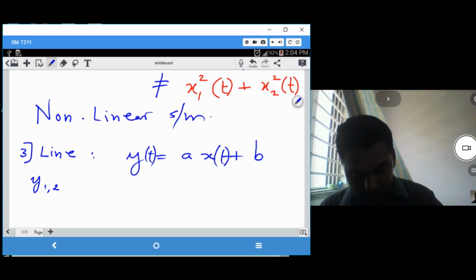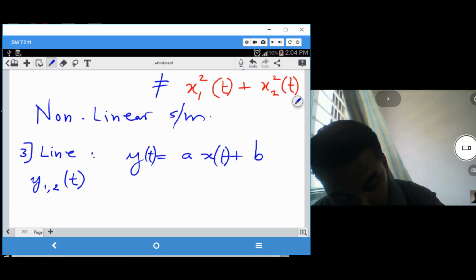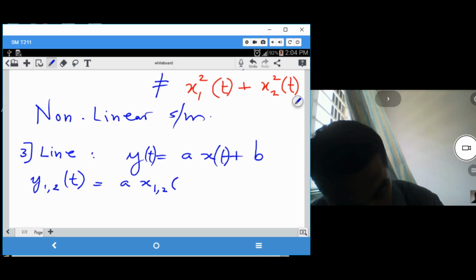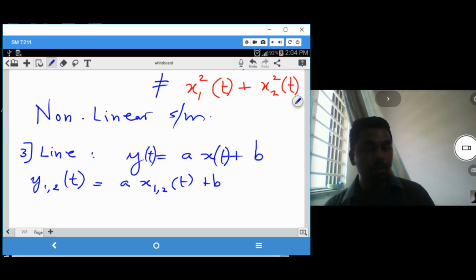So I can write y1,2 of t is a x1,2 of t plus b. You should read this as two equations. The first equation is y1(t) equal to a x1(t) plus b, and y2(t) equal to a x2(t) plus b. So this is the shorthand representation of the two equations.